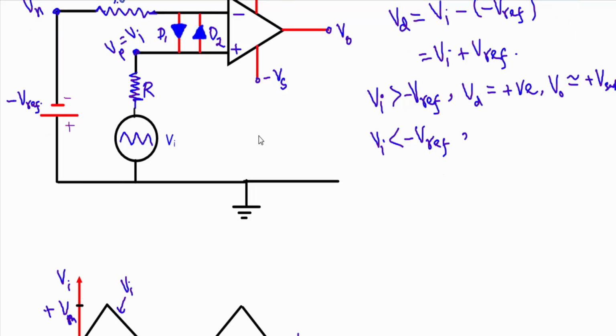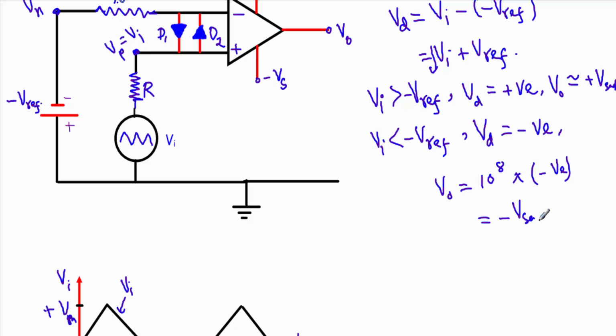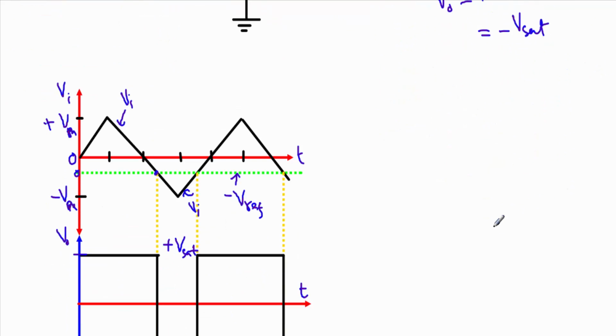As a result, our input voltage difference will be negative. And when we multiply this negative voltage with our open loop gain, let's say 10 to the power 8, our operational amplifier will operate in the negative saturation region.